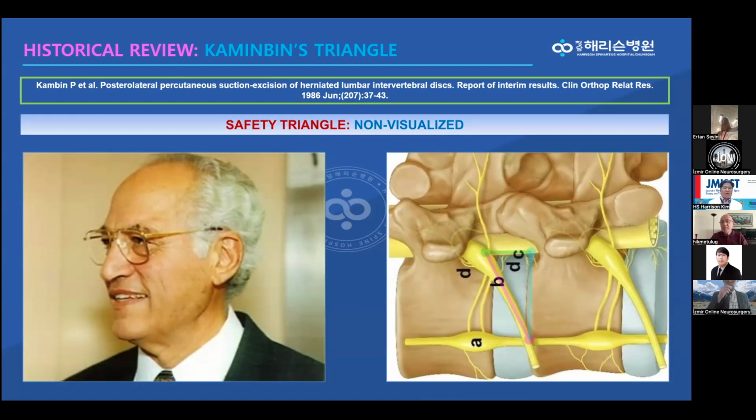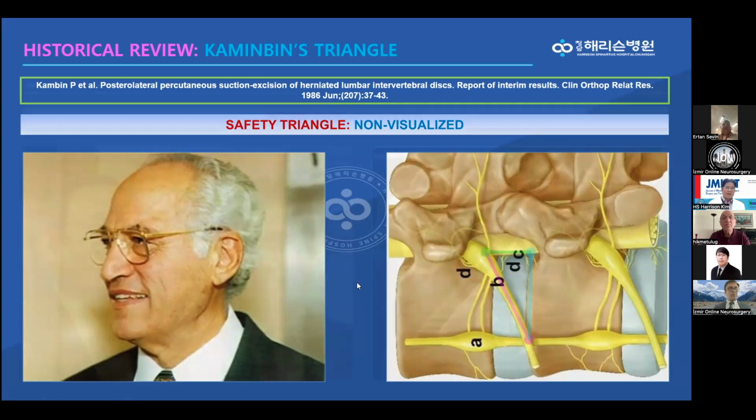We always honor him for starting this very amazing, very meaningful trans-Kambin's triangle approach. But unfortunately, before the 21st century, this transforaminal approach was possible only as a non-visualized procedure, so at that time it was an incomplete surgery in so many cases.